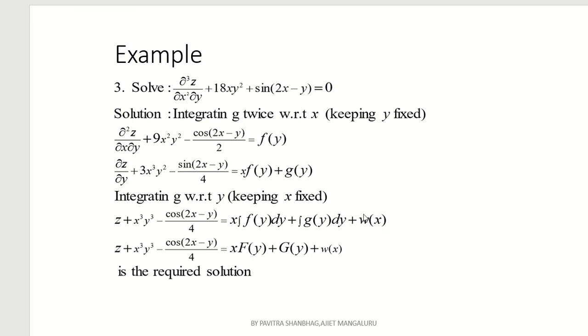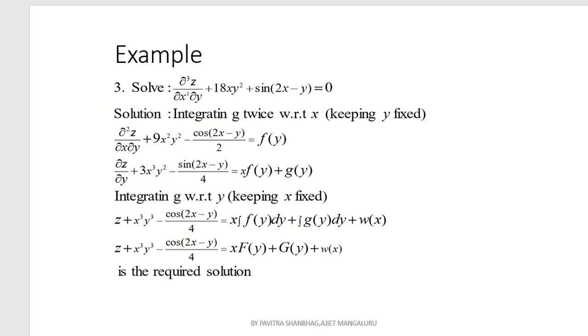Function in terms of x, we have to add the constant. So simplify here, z plus x cube y cube minus cos of (2x minus y) by 4 equal to x into, this is integration of small f(y) dy is capital F(y), integration of small g(y) dy is capital G(y) plus w(x). So this is the required solution of the given PDE, right?